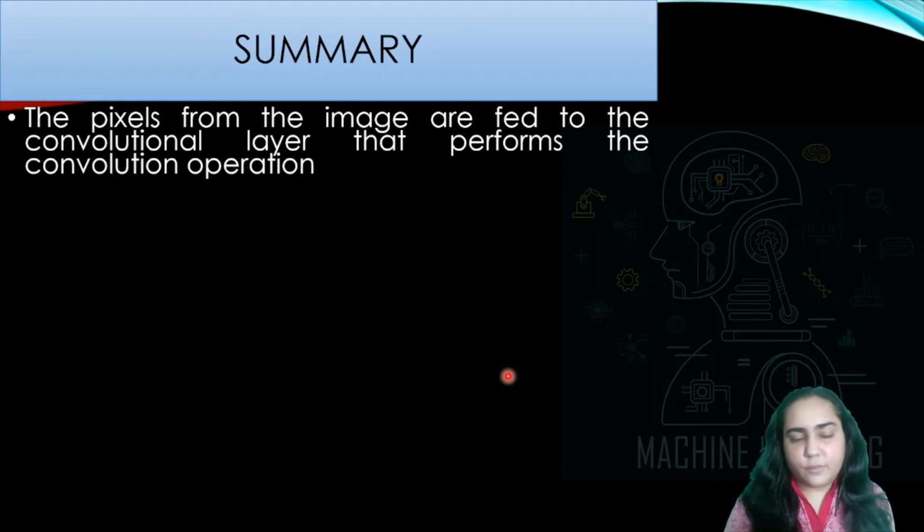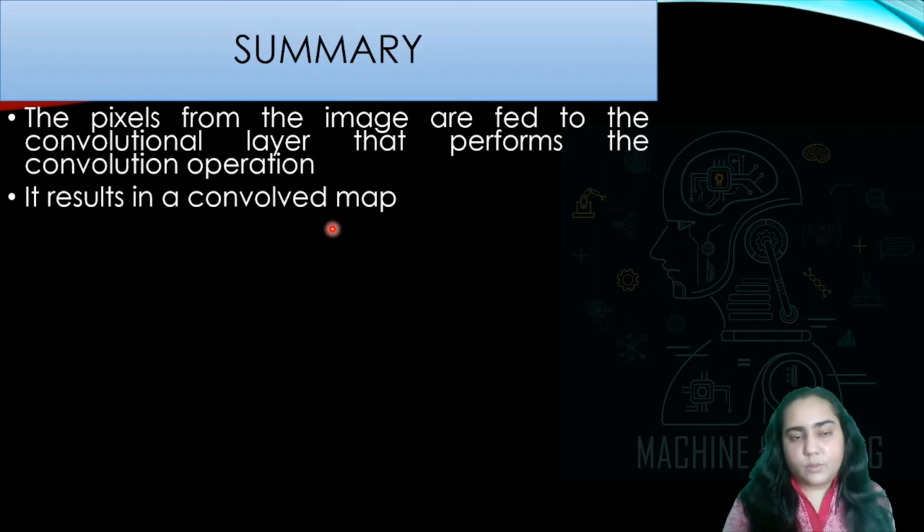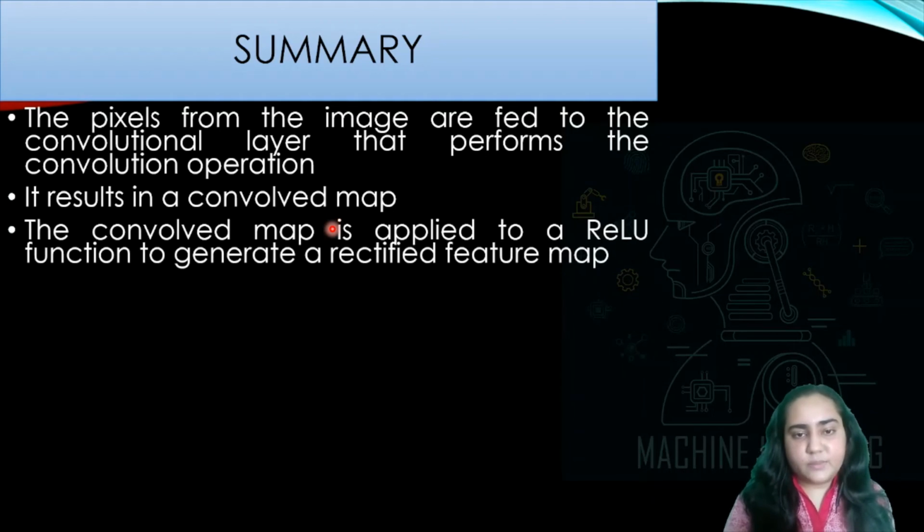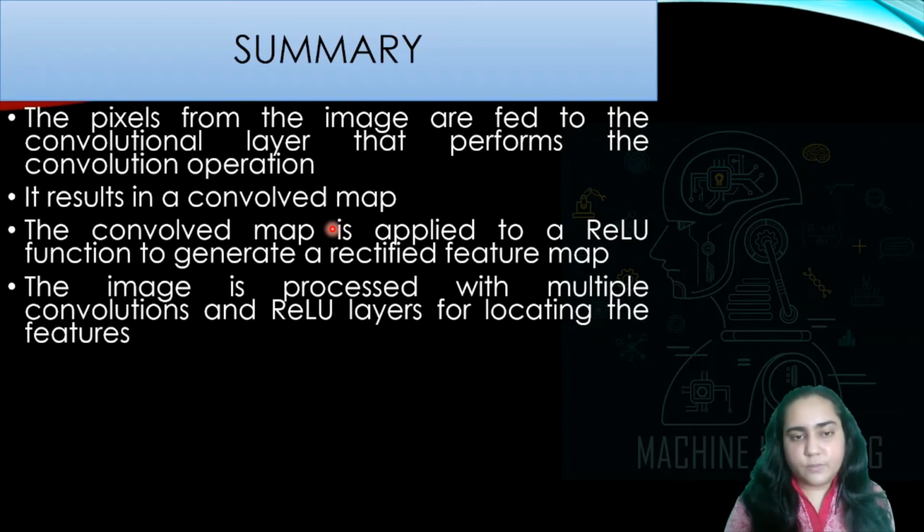So let's just quickly summarize what this looks like. First of all, the pixels from the image are fed to the convolutional layer, which is going to perform the convolution operation, which we just saw about the plus sign, which would result in a convolved map. Okay, this map is then passed through the activation map, which is going to create a rectified feature map using the ReLU activation function.